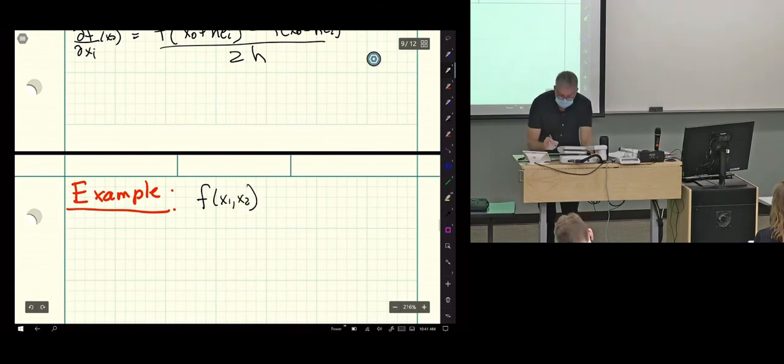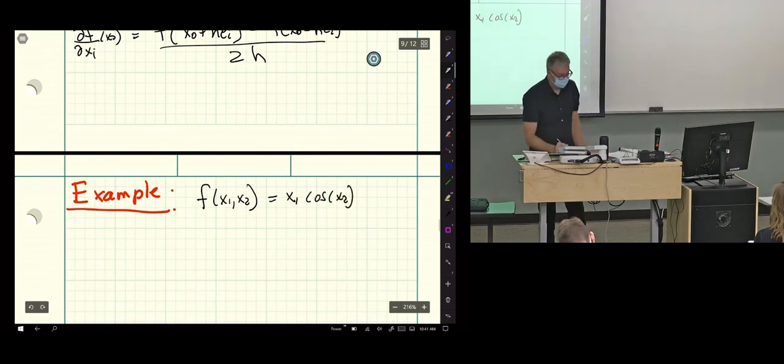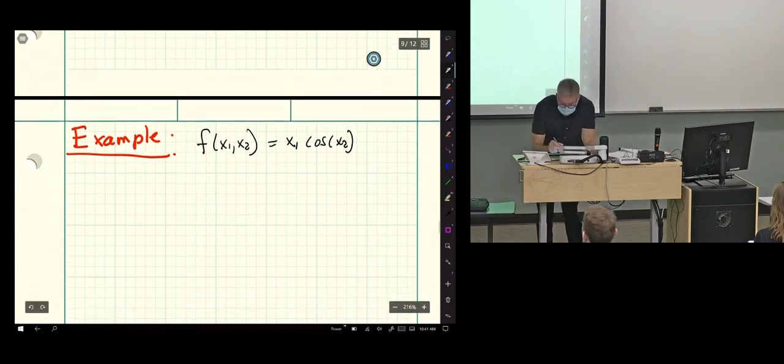So it has 2 components, so we can write everything down. We'll take x0 to be 2, and then pi over 4.